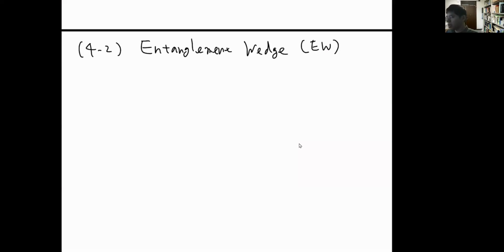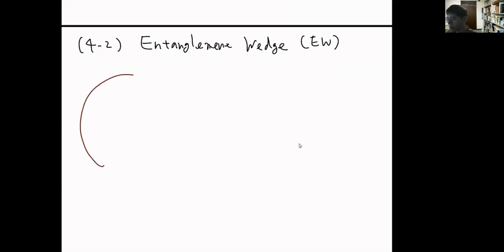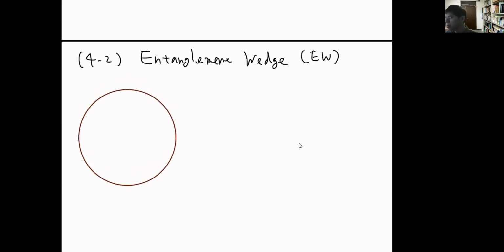Okay. Now I want to explain how this entanglement is useful. What's the meaning of entanglement precisely? Let me draw a picture. It is the same picture which we had before. This region A is here, and we have some minimal surface here.